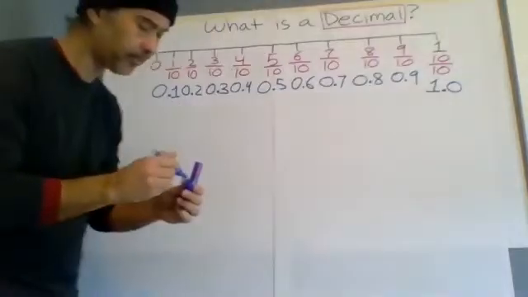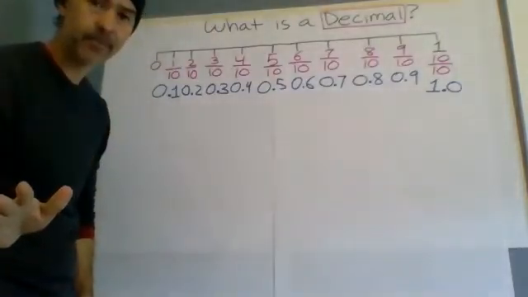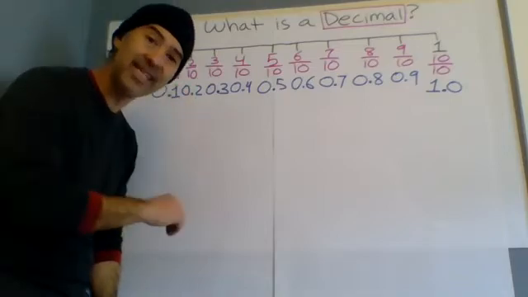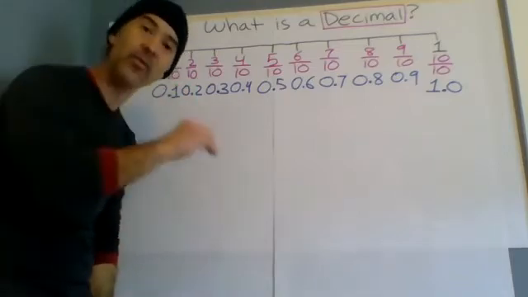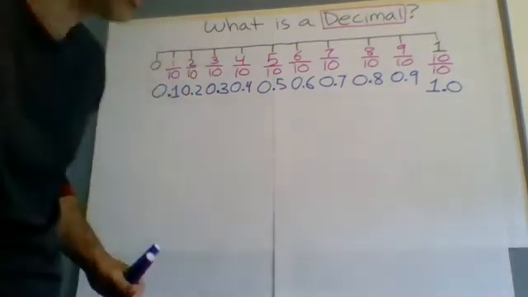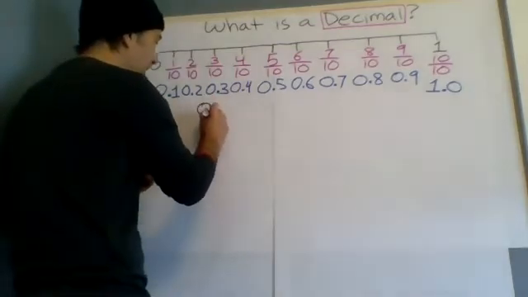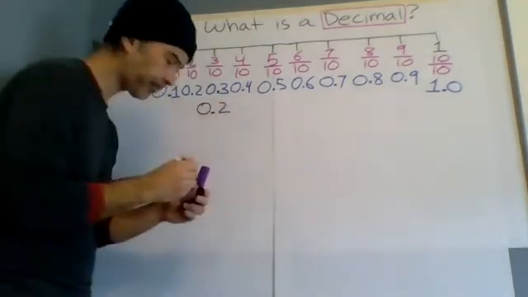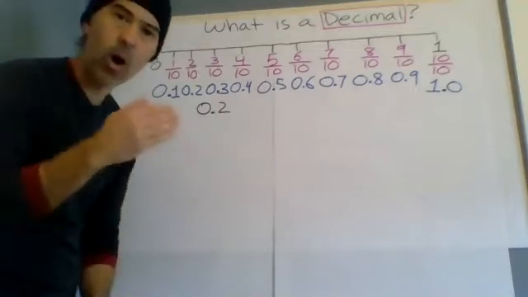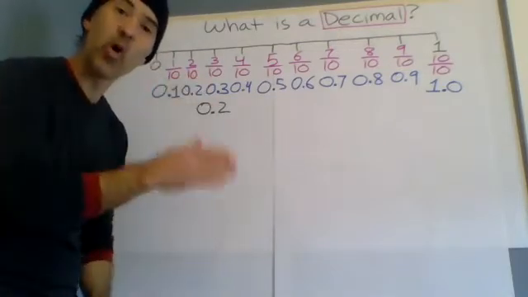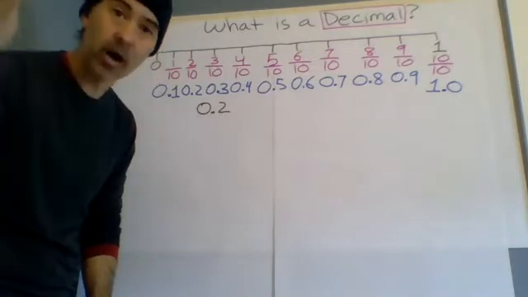Okay. Now, let's practice representing decimals as fractions. So, if I give you this decimal, 0.2, all the decimal tells us is our whole is broken into 10 equal parts.